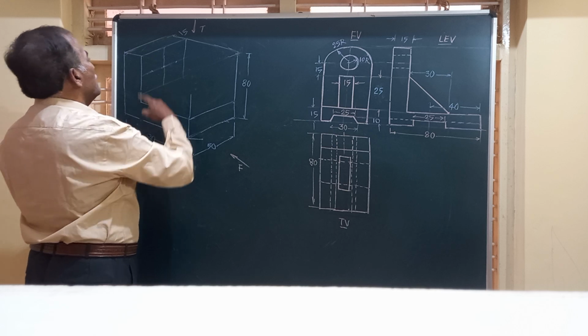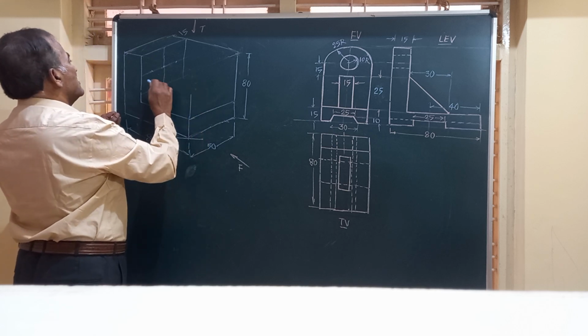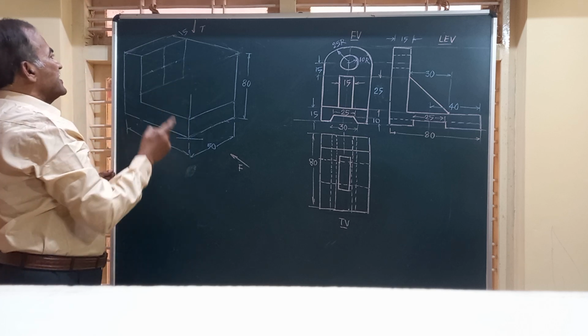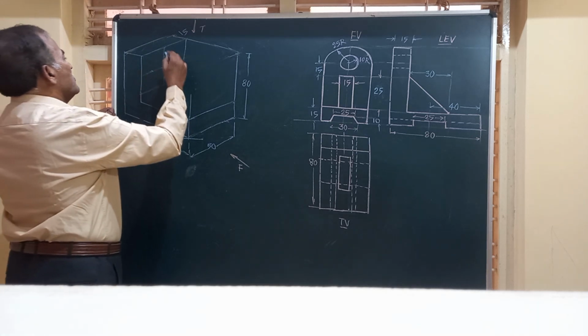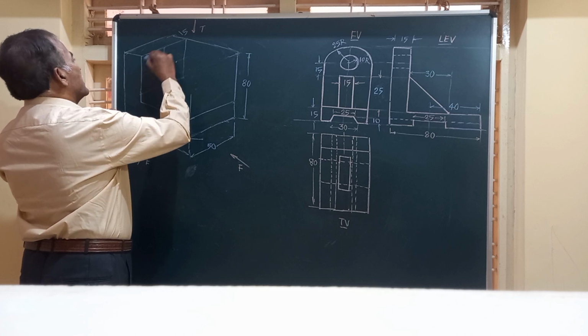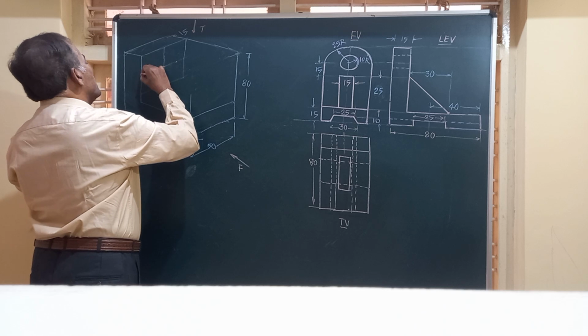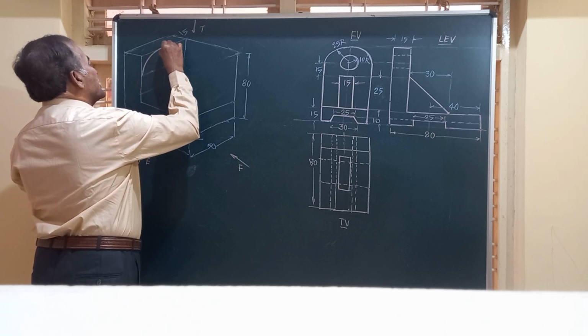And friends, now to obtain this, so here we are going to have this, and we have to construct an ellipse here, friends. So you are going to have an ellipse constructed here using the four center method, and you are going to have a portion like this.